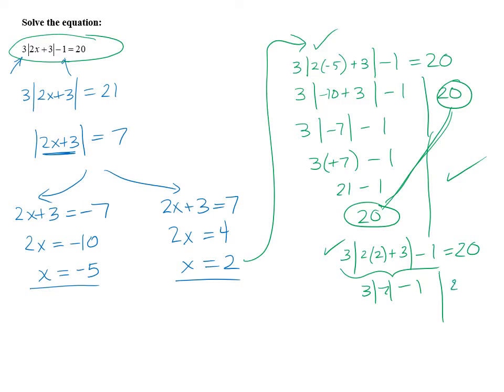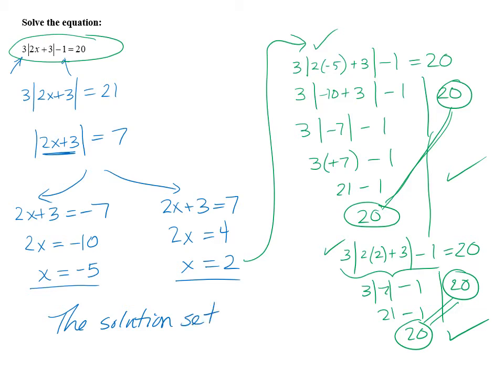Then 3 times the absolute value of 7, well, the absolute value of 7 is 7, so 3 times 7 is 21, minus 1 is 20, and we get exactly the same value on both sides. So we do have 2 solutions here. Both of them do work. So the solution set will be written as brace -5, 2, end brace.